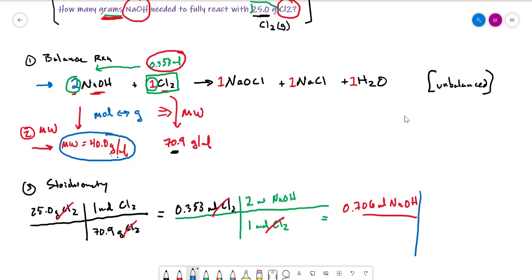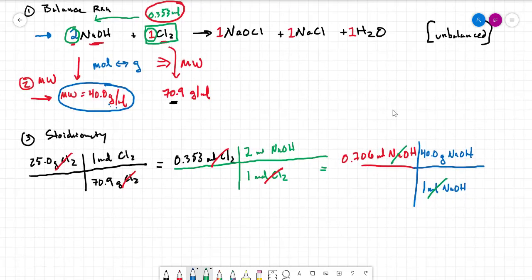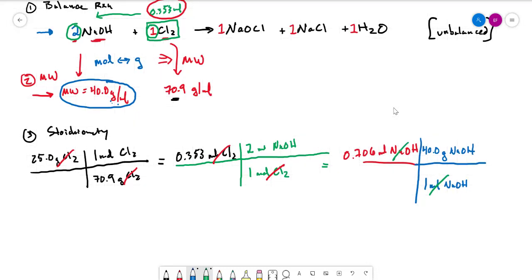And so I'm going to add that on here dimensionally, and I'm going to say that we have 0.706 moles of NaOH, and for every 1 mole of NaOH, that's equivalent to 40.0 grams of NaOH. Let's get rid of these moles of NaOH, and I'm going to slide this screen up a little bit so that we can see. And if I compute this with my calculator here, I get 28.2 grams of NaOH.